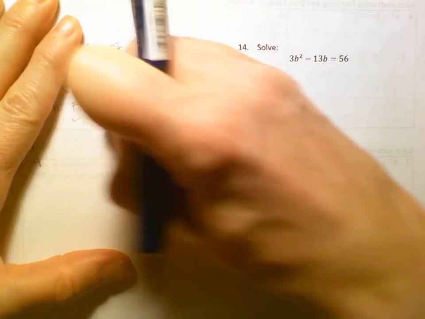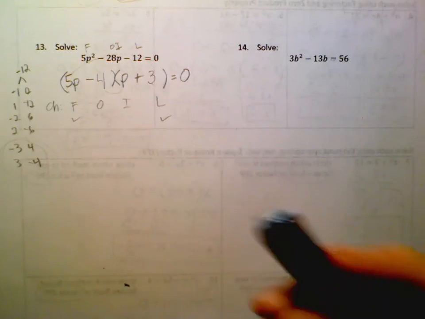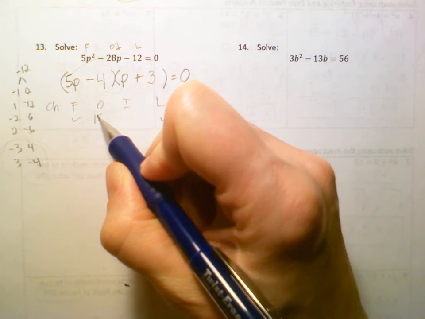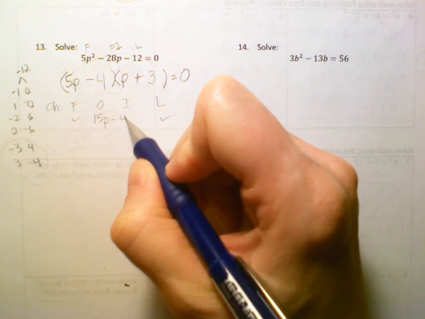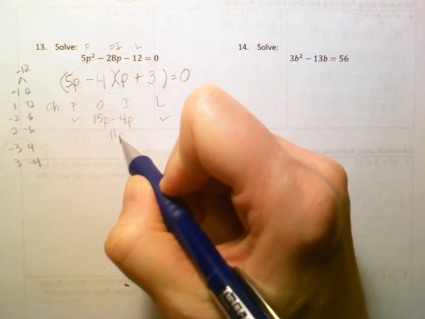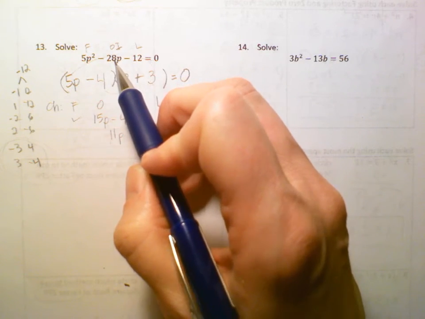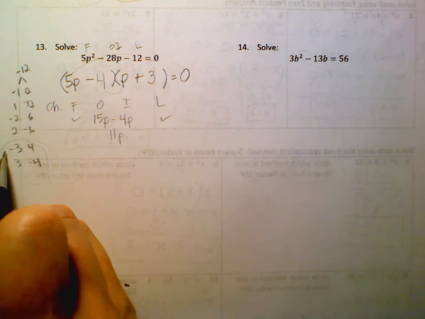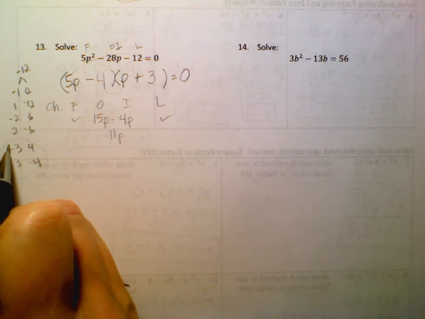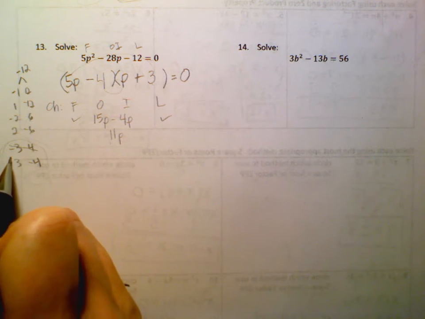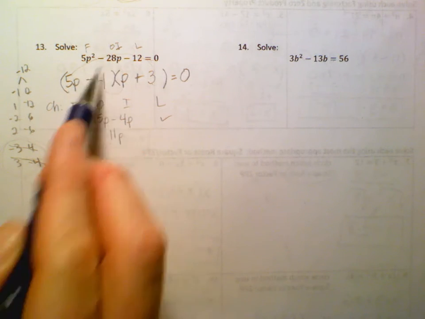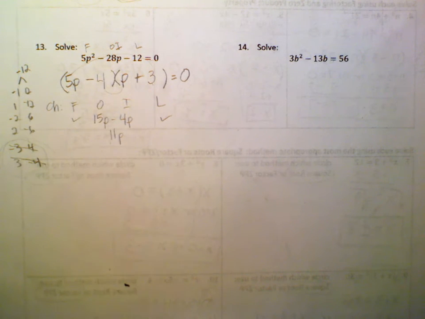But again, I do this either on scratch paper or in my head. So that's what? 15p minus 4p? 11p? Nope. Still not right. Okay, so we've tried the 3-4 combination, and I'll tell you how to handle the signs, but we haven't come to the right answer yet. If you don't get the right number there, positive or negative, then these are not your solutions.